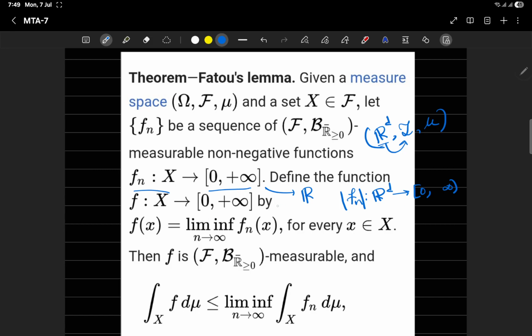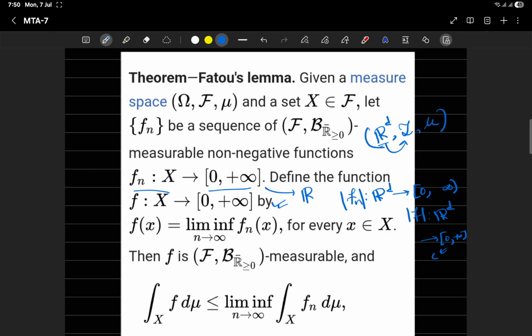And define a function, which is our constant function c. We can take the mod again, that would be Rd to 0 to plus infinity again. In fact our c is finite because the suprema of them are finite.